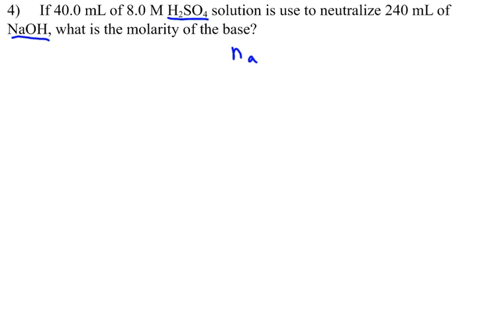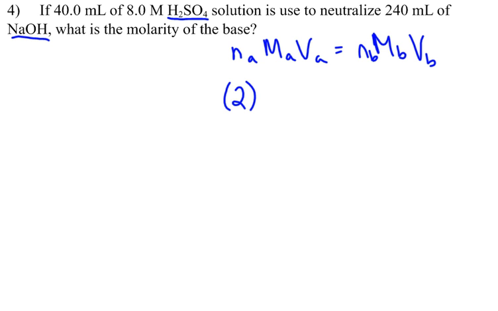So Na times Ma times Va is equal to Nb times Mb times Vb. The Na, because there's a subscript of 2 after the hydrogen, is going to be a 2. And the Nb is going to be 1. So we'll come back to this equation after we define our molarities and volumes.